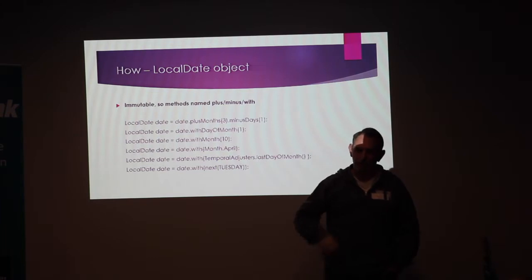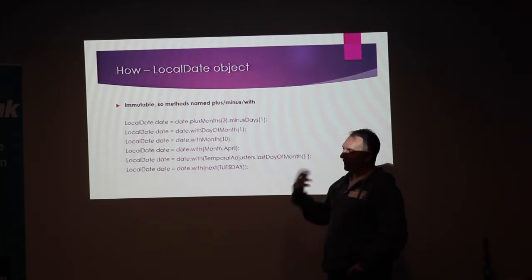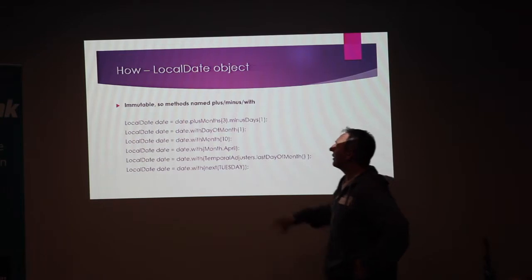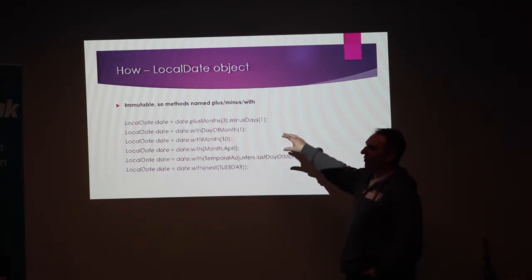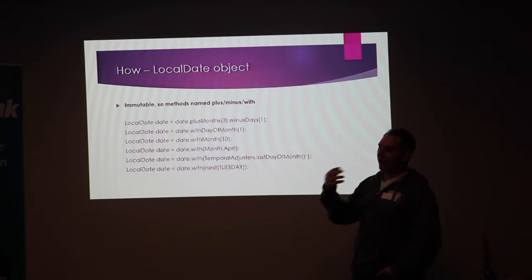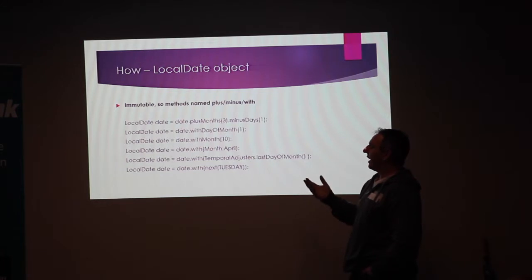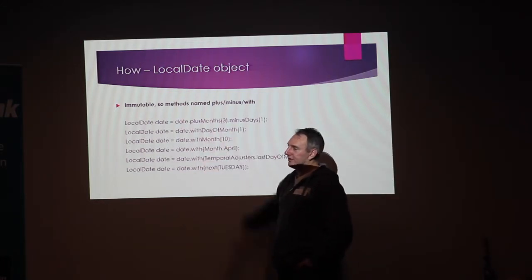So this starts to make working with dates a lot easier because it's easier to manipulate them and change values. And if you want to calculate the following month or the prior year and that sort of stuff, then it's a lot easier to work with these new methods. And these new methods are also consistent across the times, LocalDateTimes, and the time zone things and stuff. So it becomes more consistent.